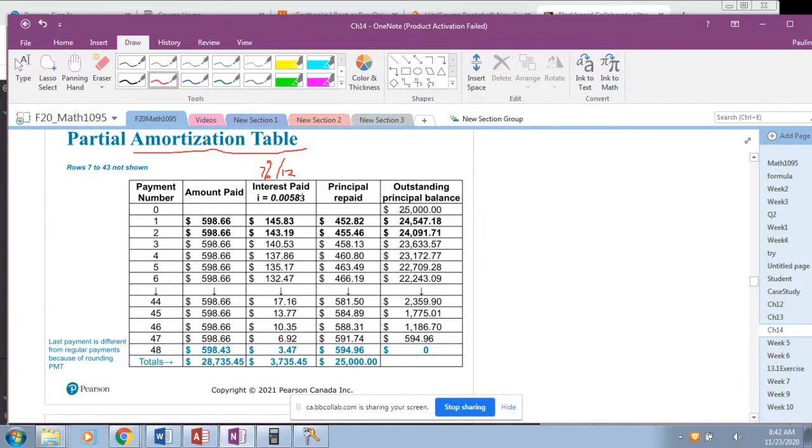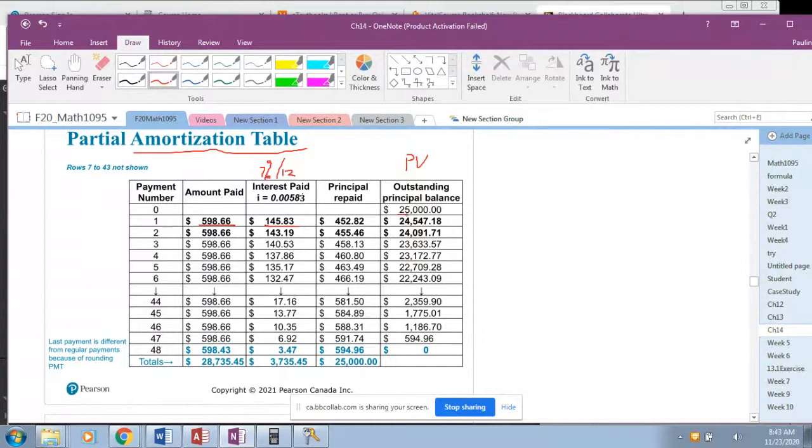And the original loan is the present value, PV, 25,000. Then we ask you question 1, what is the monthly payment? It is this amount. After this question, we ask you, what is the interest for the first payment? So remember, how do you get 145?